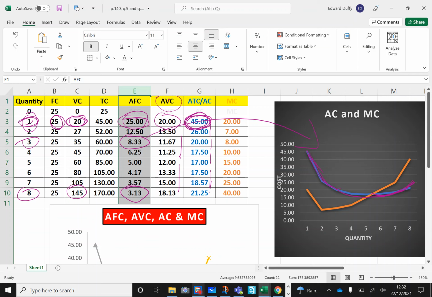So you're often asked in the exam to explain the reason for the shape of the average cost curve. So it declines, it's U-shaped, but it declines because average fixed costs decline. In other words, fixed costs are now spread over a greater number of units, therefore reducing the average fixed cost, therefore reducing average cost.